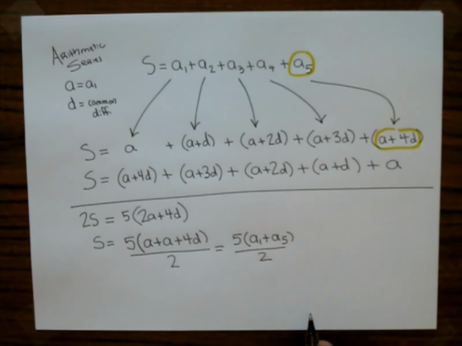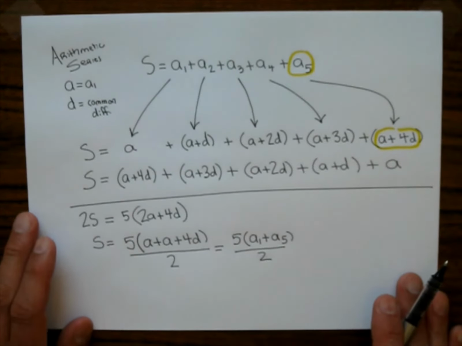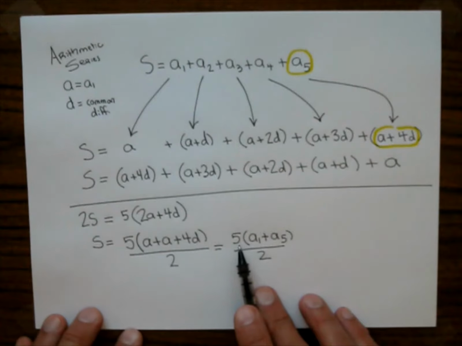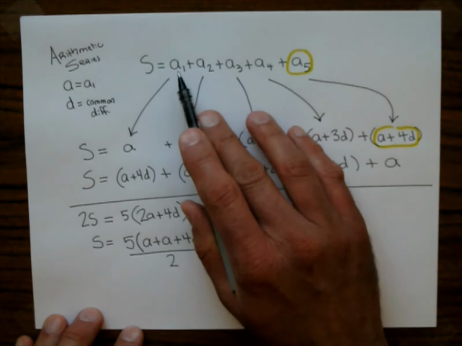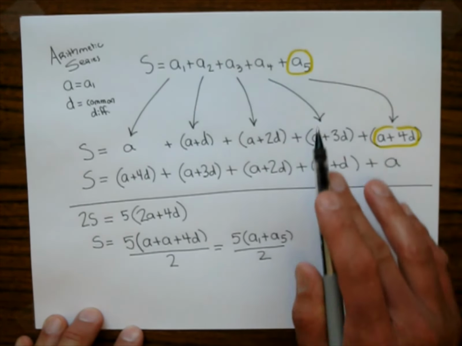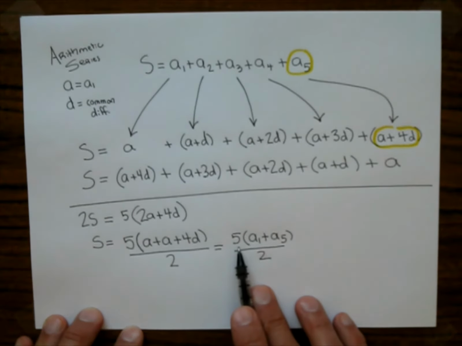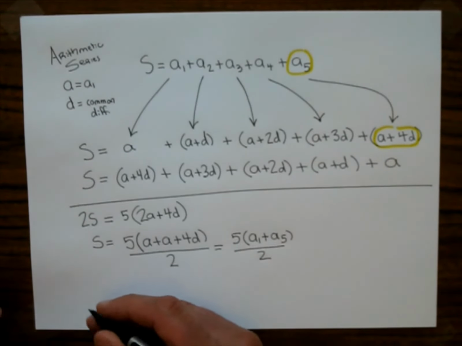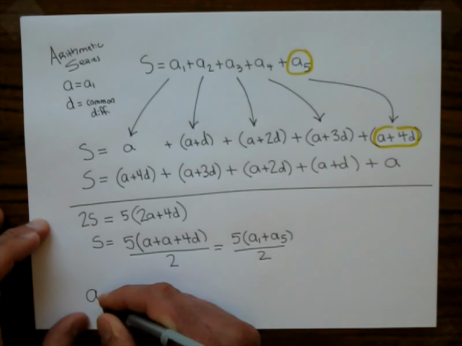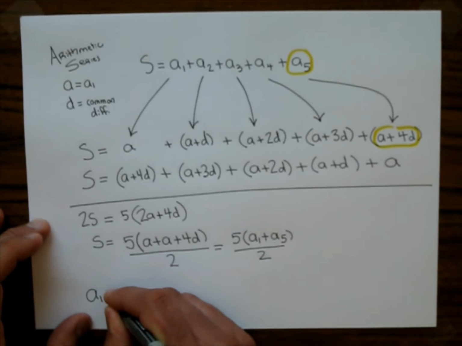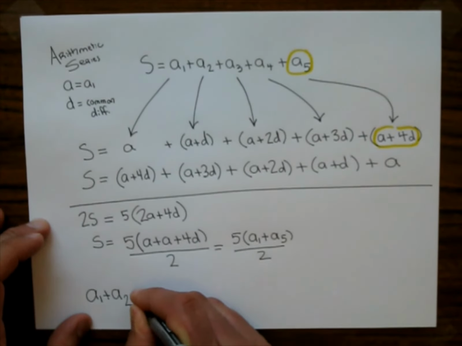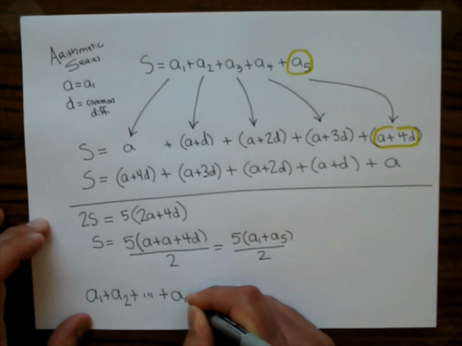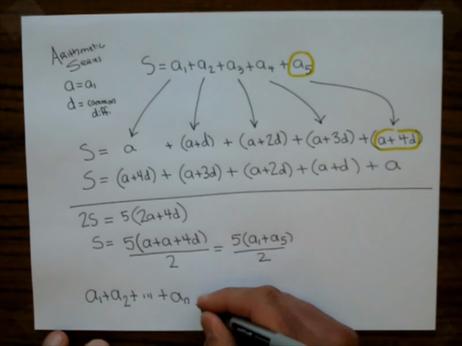Okay, so now we want to figure out, when we have 5 terms, we know what happens. There's a 5 here. You're adding the first one with the last one, multiplying that by 5, and then dividing it by 2. Suppose your arithmetic series went all the way to n. Suppose it had n terms in it.